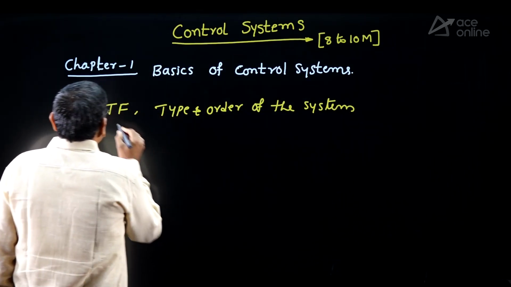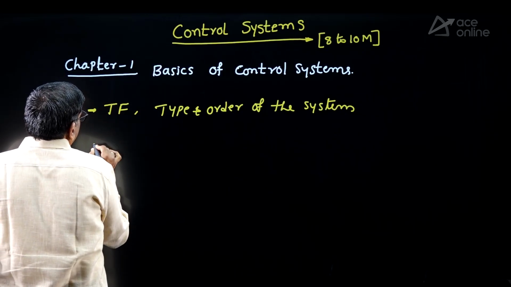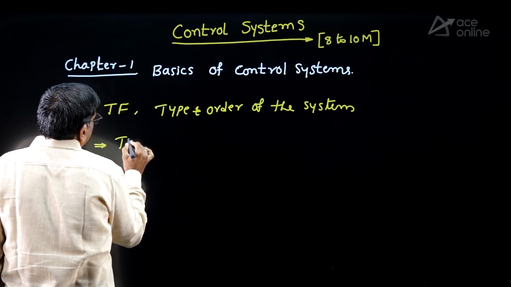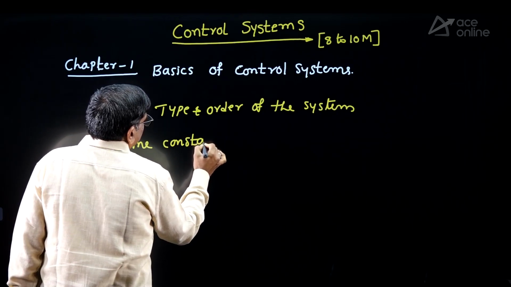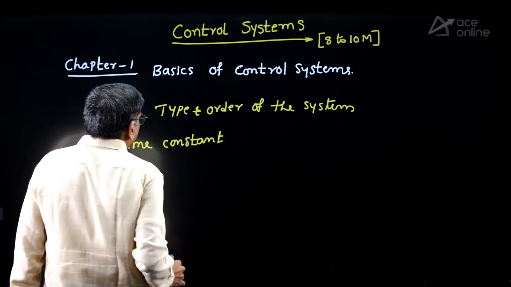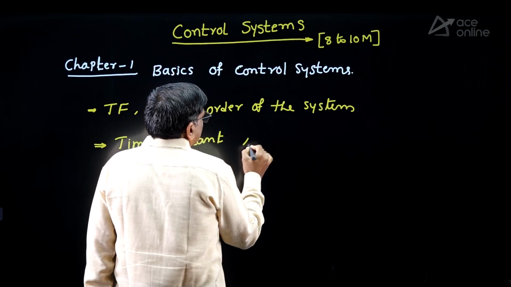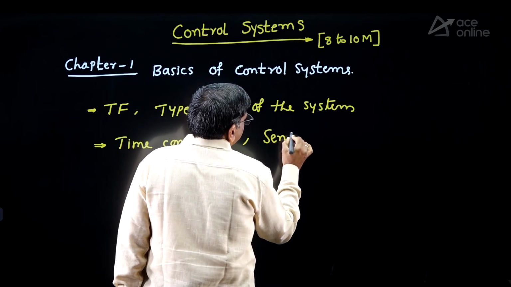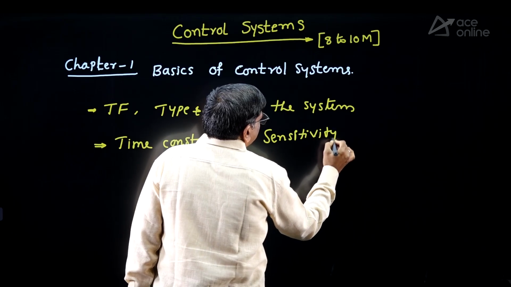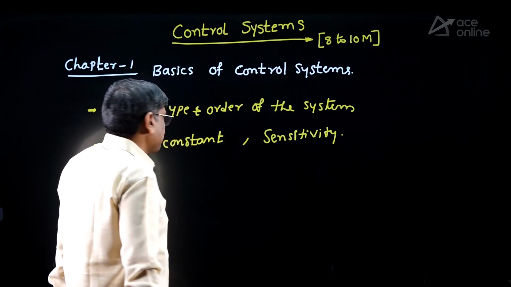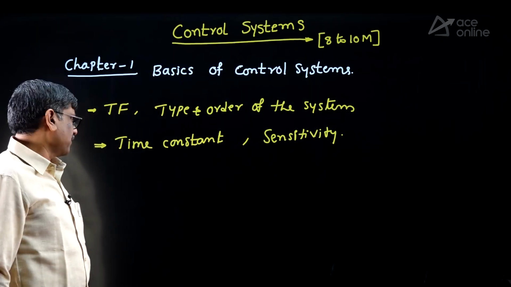Third one is time constant. Fourth one is sensitivity. These 4 topics you have to concentrate on in the first chapter.